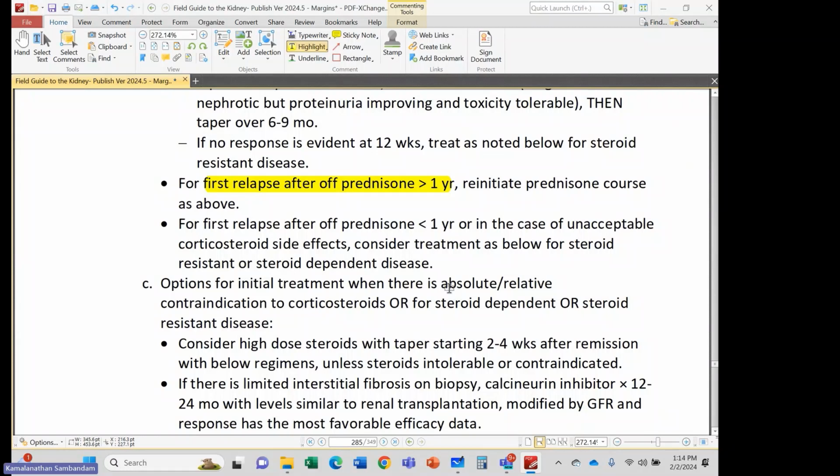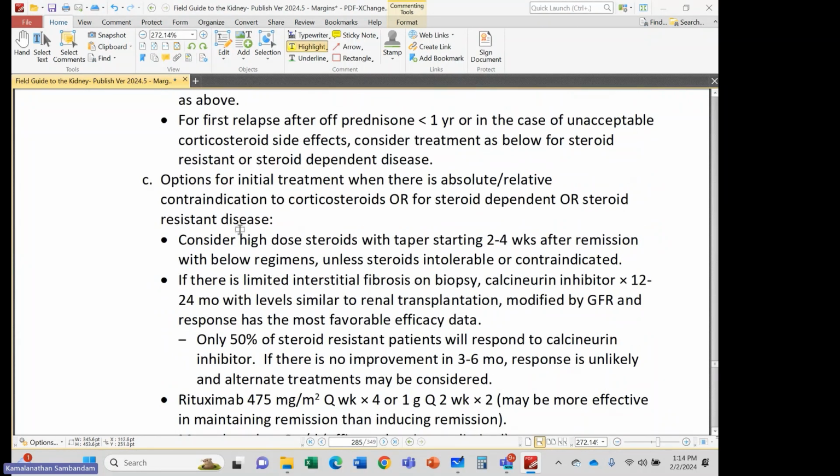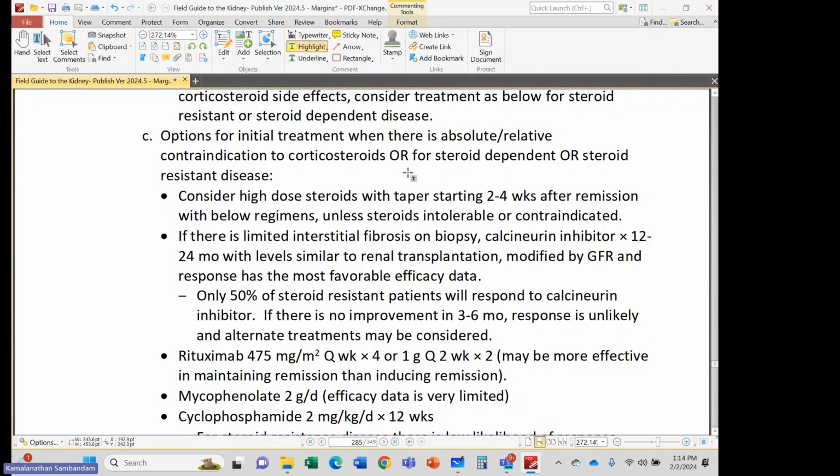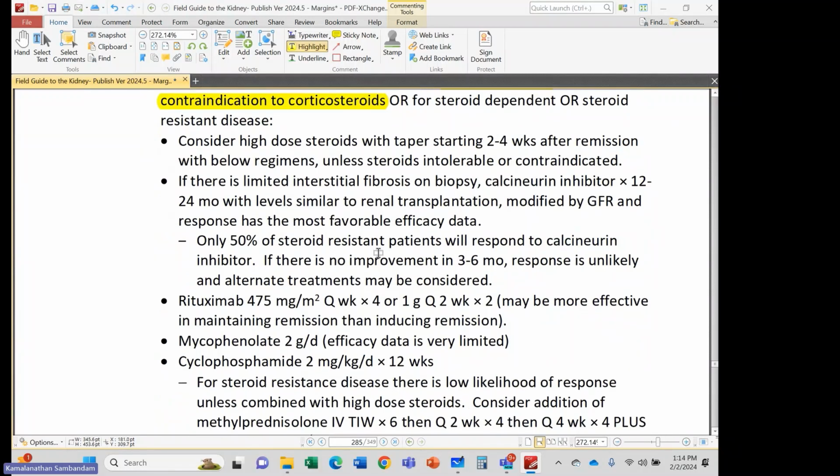Okay. And then you can certainly consider calcineurin inhibitors as a first-line treatment for patients who have relative or absolute contraindication to steroids. So if you do not have a lot of interstitial fibrosis or severe CKD, like Mr. Barnes, then calcineurin inhibitors can be tried.